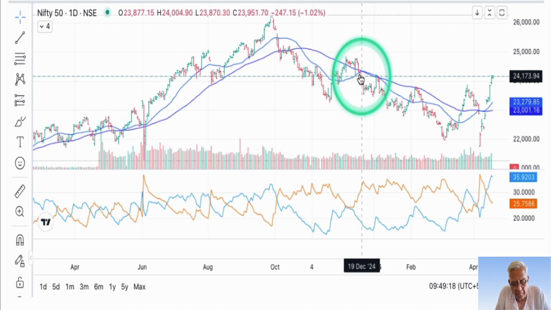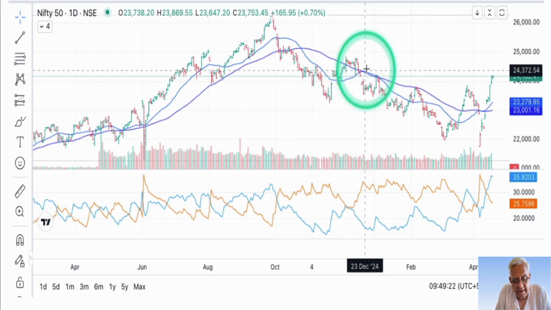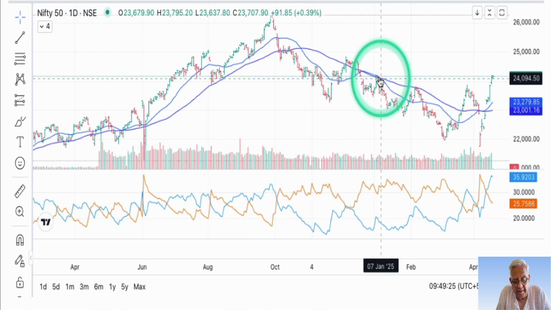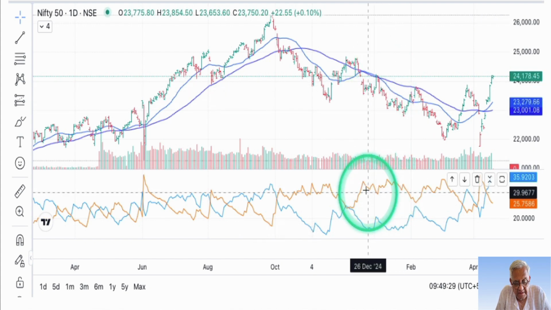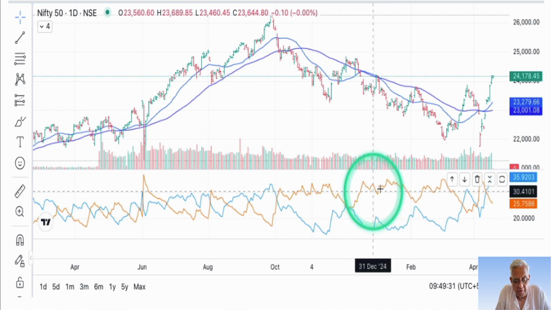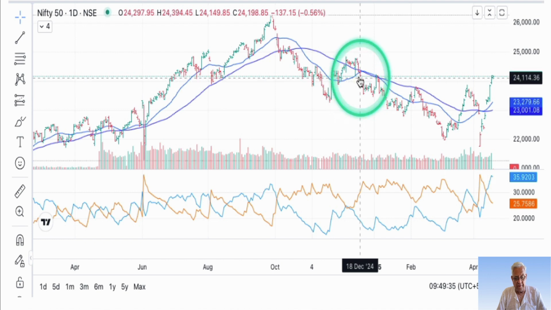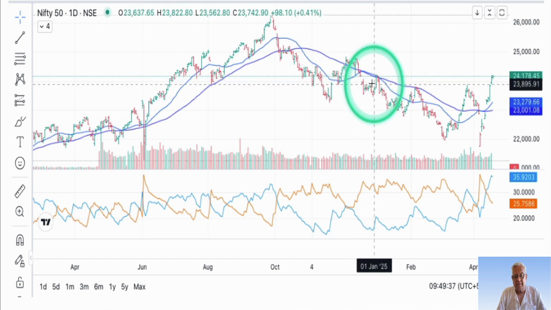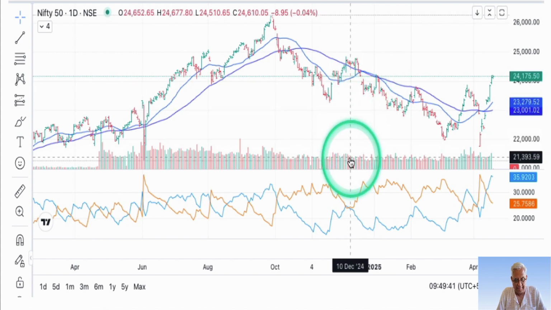You can also make out from the fact that this 21 DMA barely goes above the 50 DMA and comes right back. That is confirmed by this. So we know that this is not a genuine crossover. This is just a time pass, if you ask me.